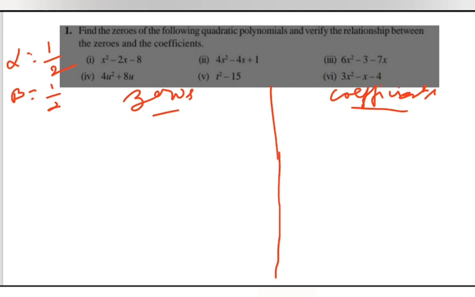For zeros, we should first find the sum and then the product. This is what we should find to verify them.